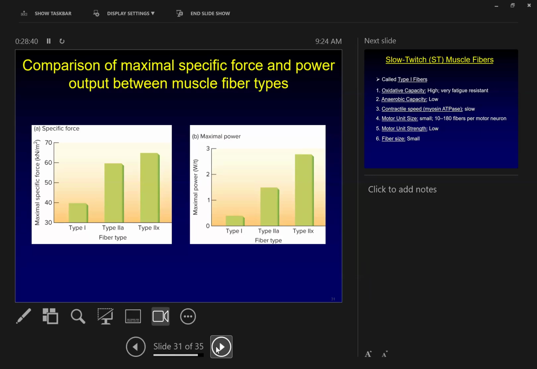And so what this shows is how much force we get per area of muscle fiber in type 1s and 2A and 2X. We do know type 2 fibers give us more force per their cross-sectional area. So a person that has more type 2 fibers for the size of their muscles can likely be stronger than somebody that is all type 1.